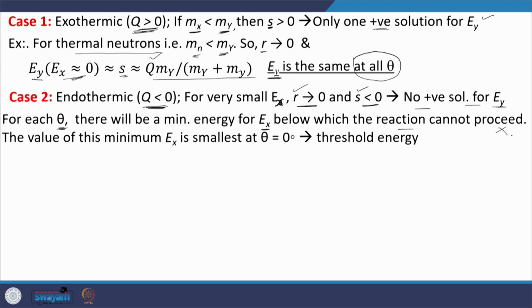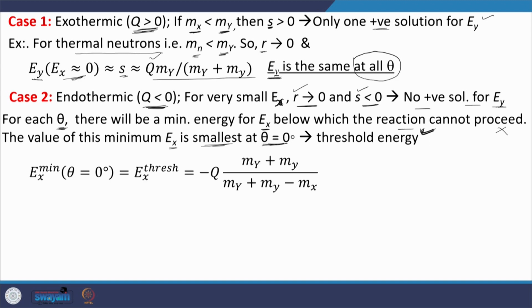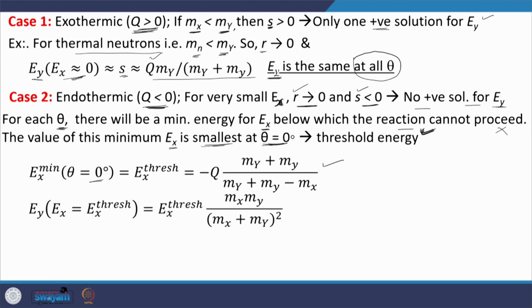The value of this minimum projectile energy is smallest at theta equal to 0, and this is called the threshold energy. Mathematically, the threshold energy at theta equal to 0, which is the minimum, is given by this formula with the help of the S and R values. Accordingly, Ey at the threshold energy can be expressed in this way.